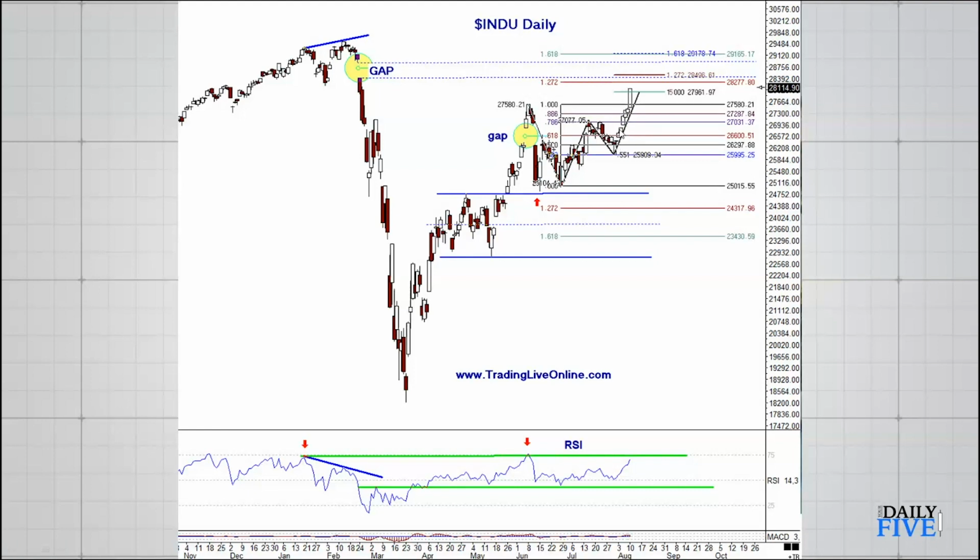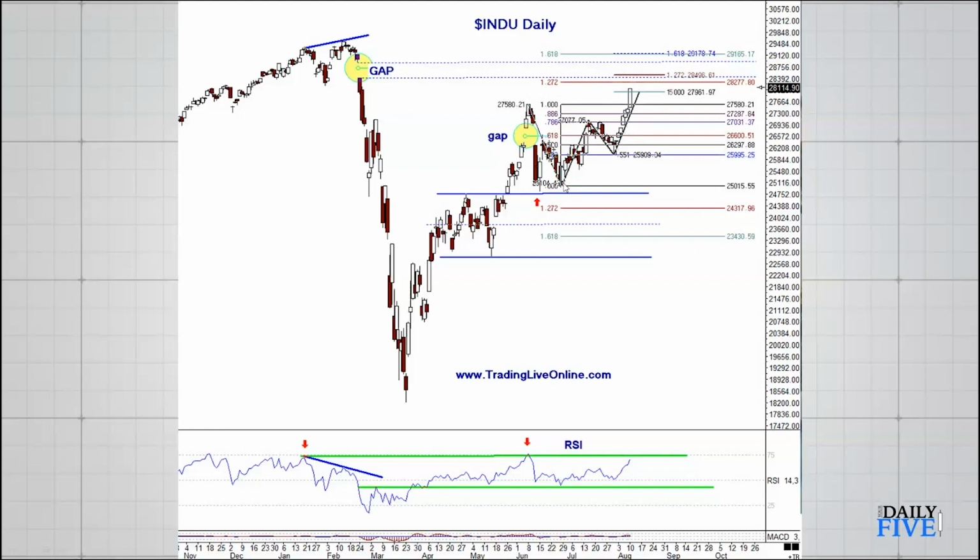I'd like you to notice that here we have a series of up bars, 1, 2, 3, 4, 5, 6, 7 up bars. These are strong bars, with a gap in here. But again, we have this area up here to contend with.